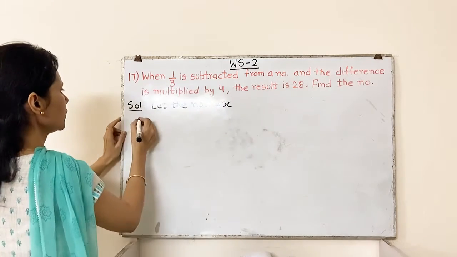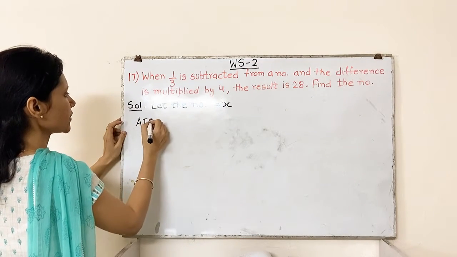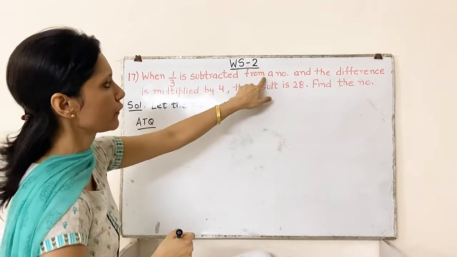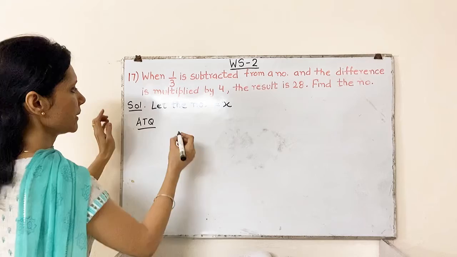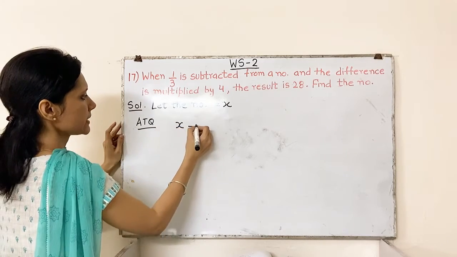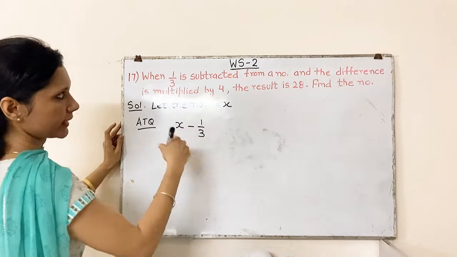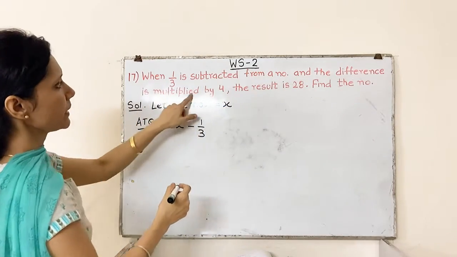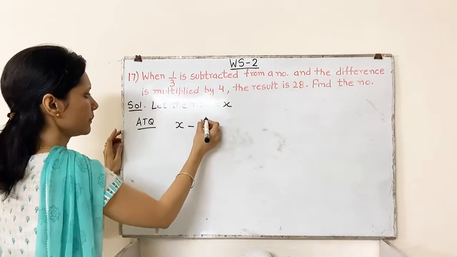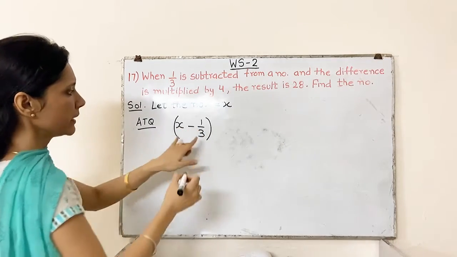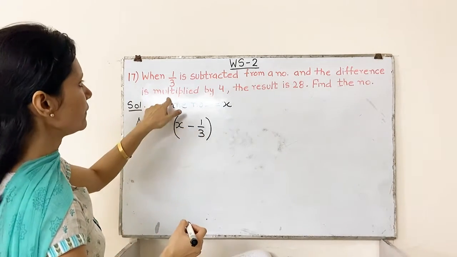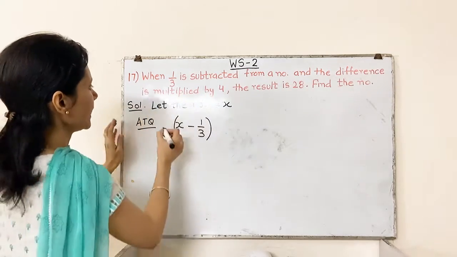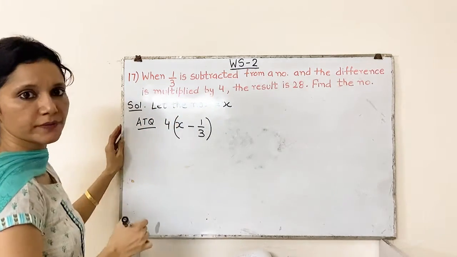Now according to the question, again we would read the question. When 1 upon 3 is subtracted from this number, that means from x, 1 upon 3 is subtracted, and then this difference is multiplied by 4. That means whatever we get after subtracting these two numbers, we would multiply it by 4.